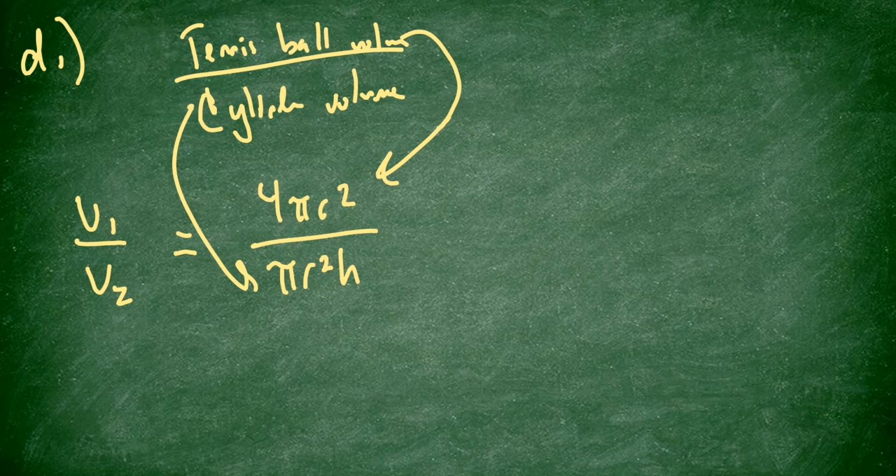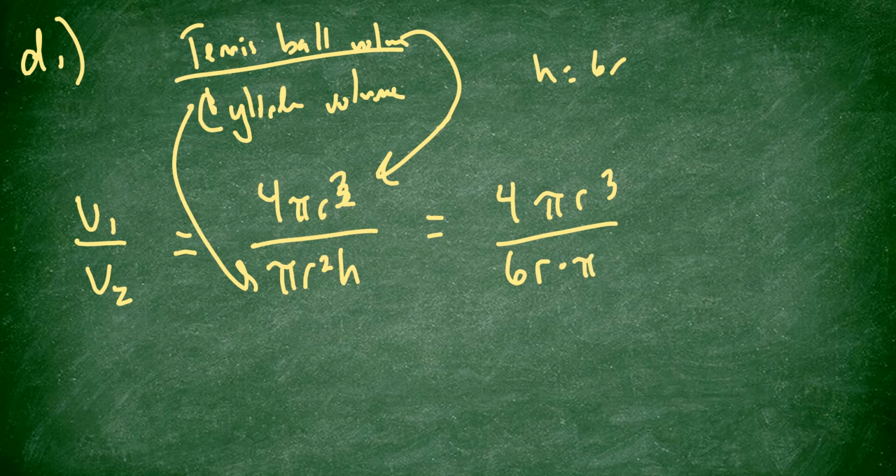Now in C we said h is equal to 6r, so I'm going to plug in. Oh, this should be r cubed here, sorry. So I'm going to plug in 6r for h in the bottom, and it becomes 4 pi r cubed all over 6r times pi r squared.